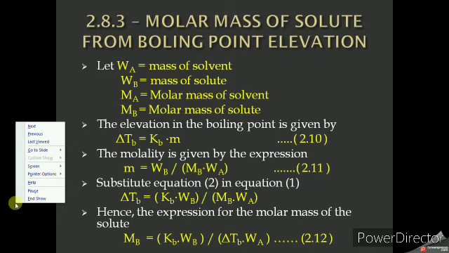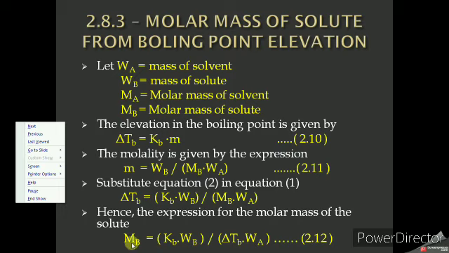Hence, the expression for molar mass of the solute, denoted by Mb, is equal to Kb Wb as it is, and in the denominator only exchange the Mb with delta Tb, so divided by delta Tb into Wa. So by using this formula, you can calculate the molar mass of your solute.